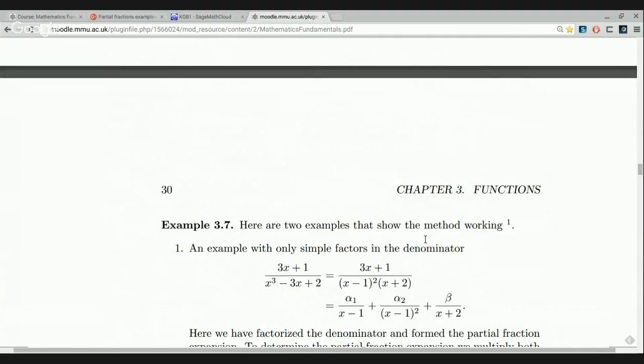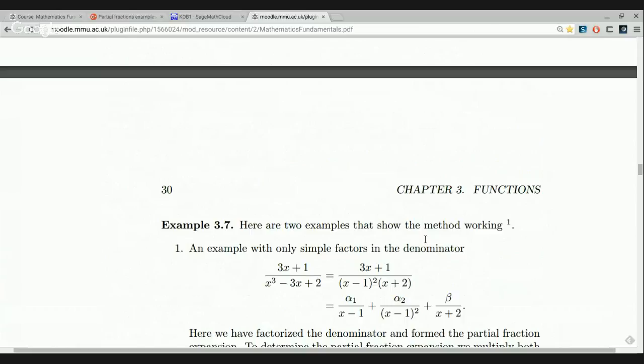So now the examples are mostly set out there in the notes, but I'll just work through the first one at least by hand just to illustrate it and talk about it as we go. So this first rational function is 3x plus 1 over x cubed minus 3x plus 2. Okay.